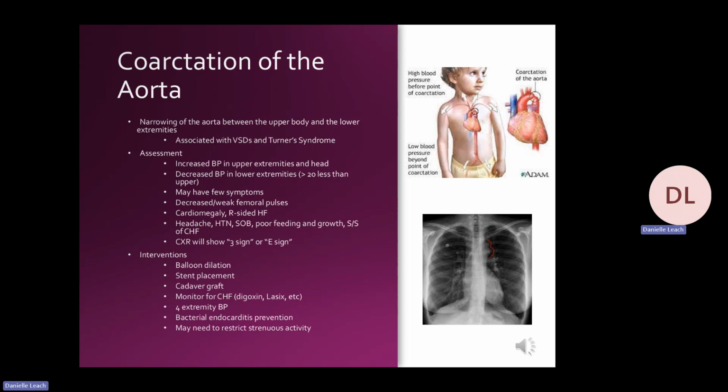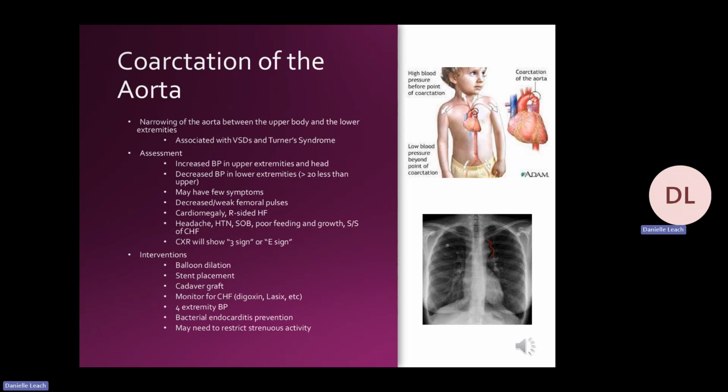Interventions. We can have balloon dilation, where basically they put a balloon through one of the femoral arteries going up to the heart at cardiac catheterization, and inflate the balloon to help widen the narrowed aorta. They can also place a stent in at that time to keep the aorta open. Sometimes they have to do a graft from a cadaver.